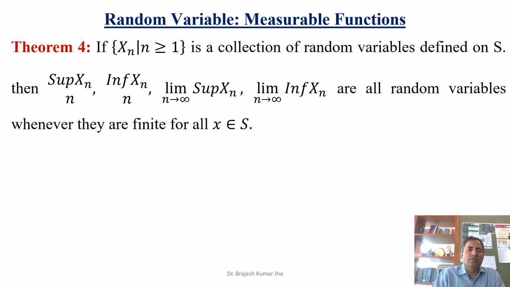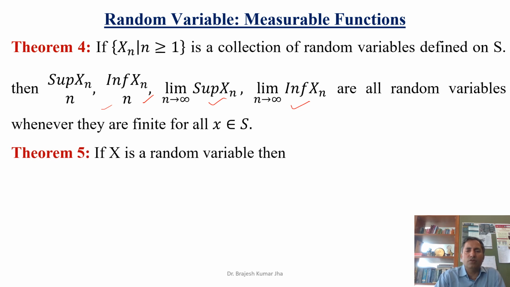In such a condition, because we can define a number of random variables, the supremum of Xn, the infimum of Xn, and the limit as n tends to infinity of the supremum and infimum of Xn are also random variables. I will give a few examples regarding these statements later.